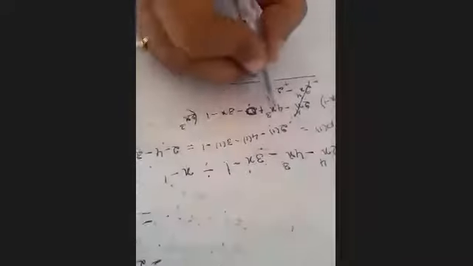Here 2x power 4 is there, so we have to multiply with 2x cube. 2x cube into x means 2x power 4, minus 2x cube. Here the signs have to change, minus becomes plus. So again x power 4 will get cancelled. Here 2x minus 4x cube is there, so I have to take minus 2x cube.